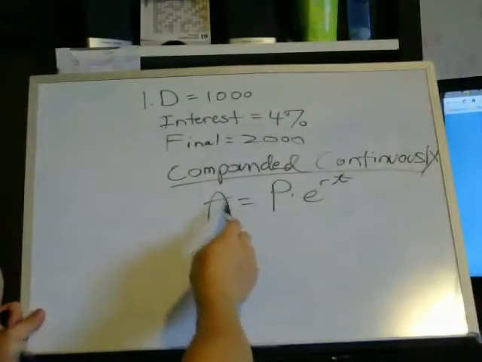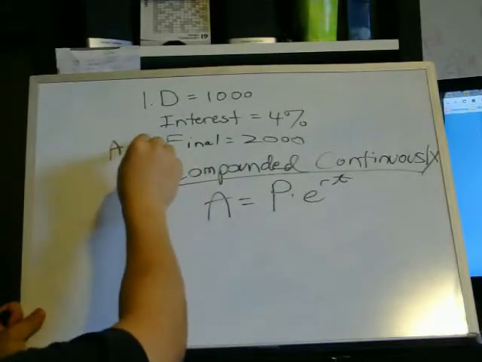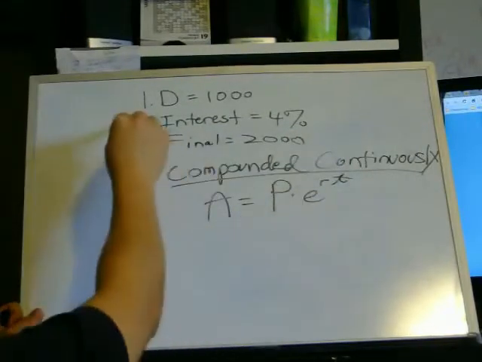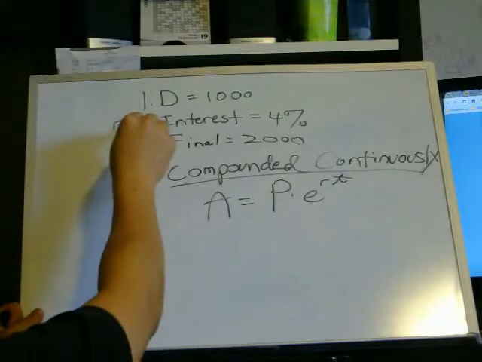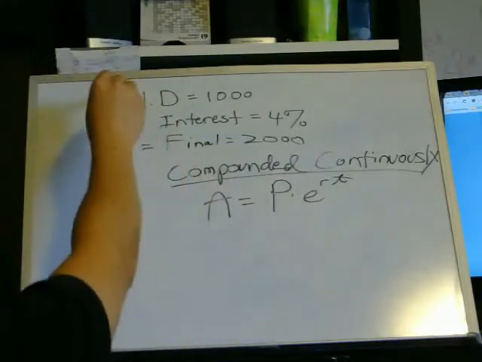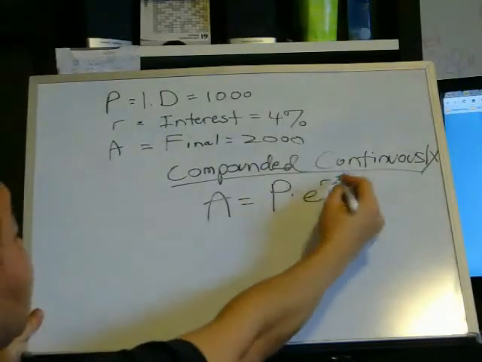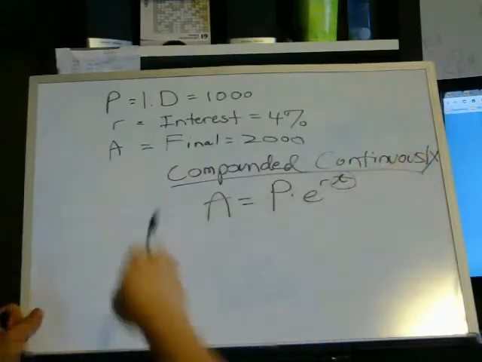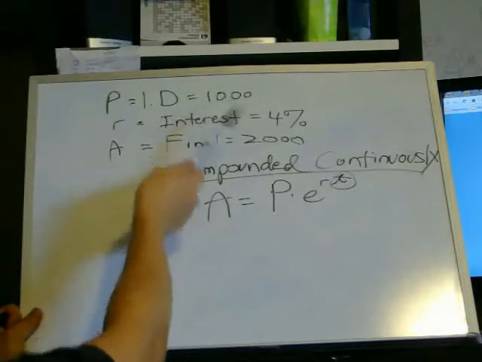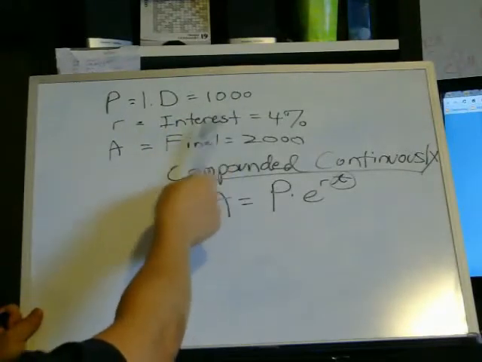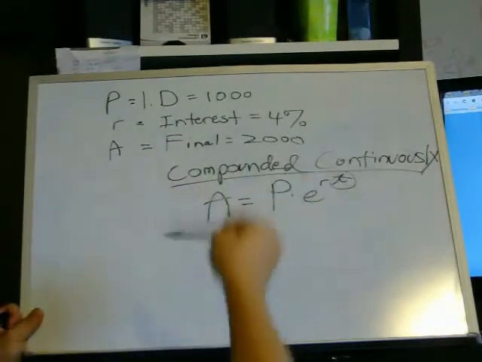Your A is the final amount, your R is the interest, and your P is the initial deposit. And they're asking you how long it will take for you to put in 1,000 and get 2,000 if the interest is 4% and compounded continuously.